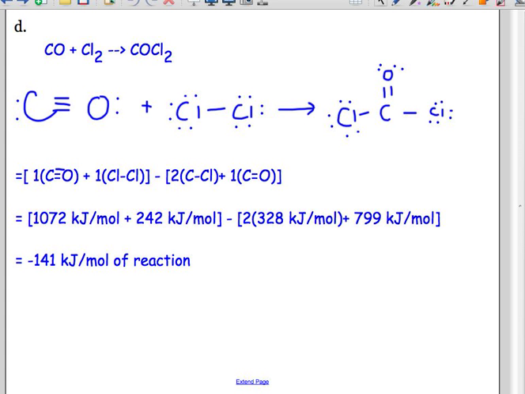Then I looked them up, made sure I distributed my negative number, and I get negative 141 kilojoules per mole of reaction, which means this is also exothermic. This is the only math in the bonding chapter, so you want to make sure you practice it.